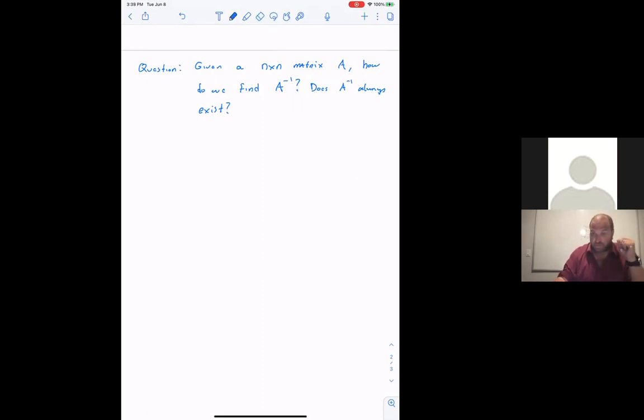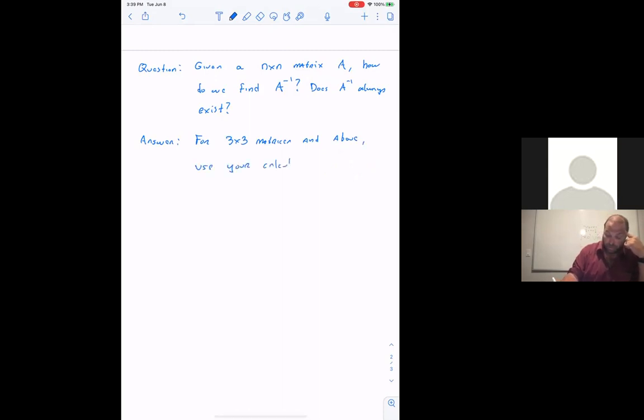So just like not every number has an inverse, in fact, most do, just one doesn't, not every matrix has an inverse. So how do we know if it has an inverse? And if it does have an inverse, how do we find it? So you're in luck. For 3 by 3 matrices and above, now what I mean by above, 4 by 4, 5 by 5, and so on, just use your calculator.